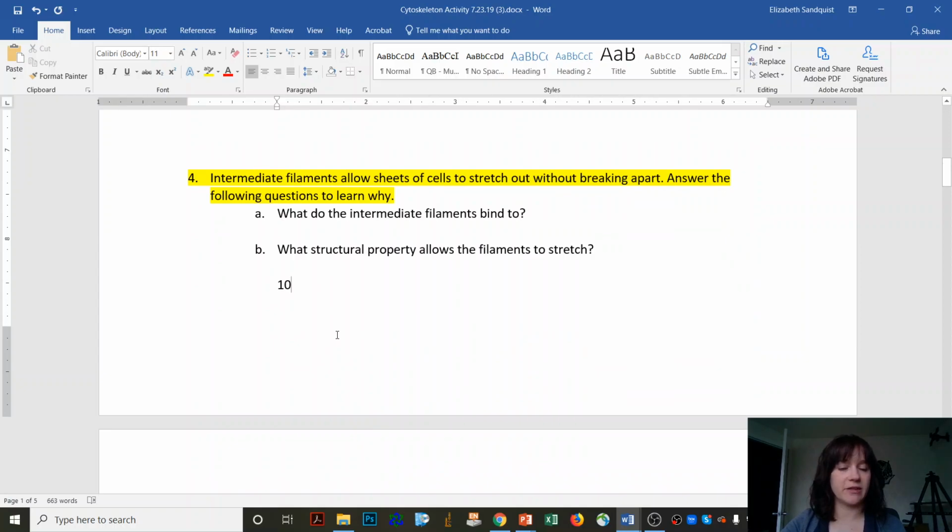So the first one that I want to go over is question number 4. Intermediate filaments allow sheets of cells to stretch out without breaking, right? So what do the intermediate filaments bind to? I don't know how much they talk about this in Chapter 17, but we've talked about this idea a lot in the past, how they are spanning the length of the cell and they are binding at these cell-cell adhesion points, all right?